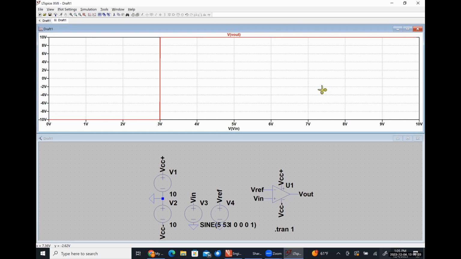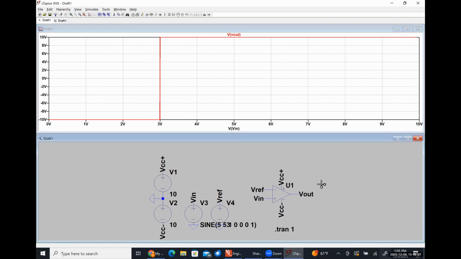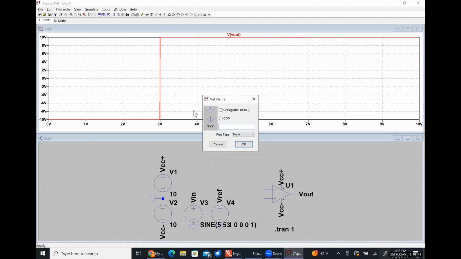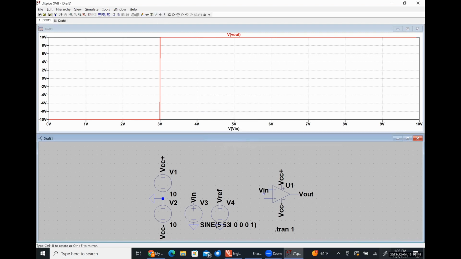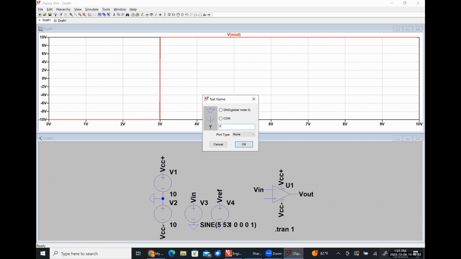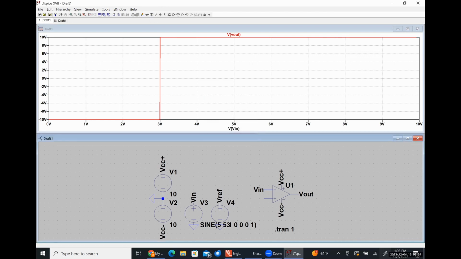For the inverting input, excuse me, the inverting comparator, all I need to do is just put the input voltage and the reference voltage in the correct place, right? So my input voltage should be here. My reference voltage should be down here.